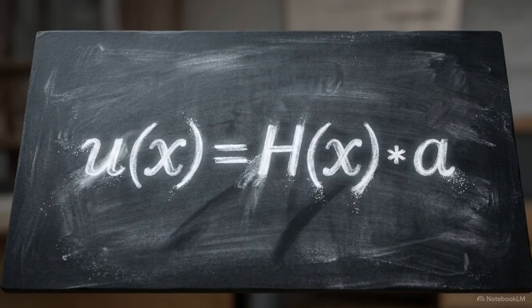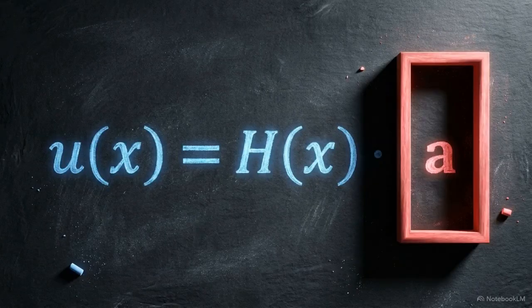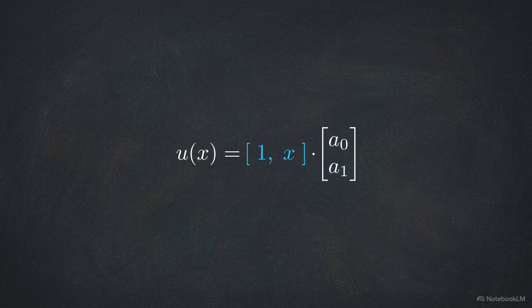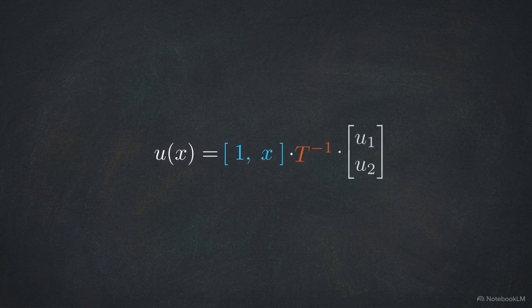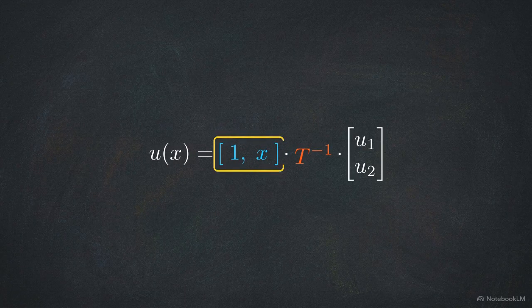Let's bring back the original vector equation we established at the start. The continuous field U equals the spatial row vector H multiplied by the unknown column vector A. We can now swap out that unknown A vector with the inverted T-matrix system we just isolated. We multiply the H row vector, containing our spatial variables, 1 and x, against the constants inside the inverted transformation matrix.